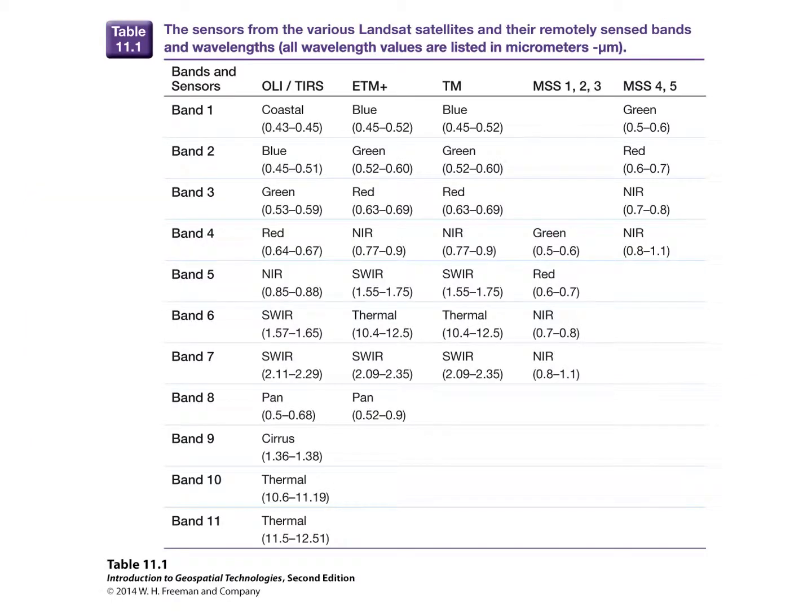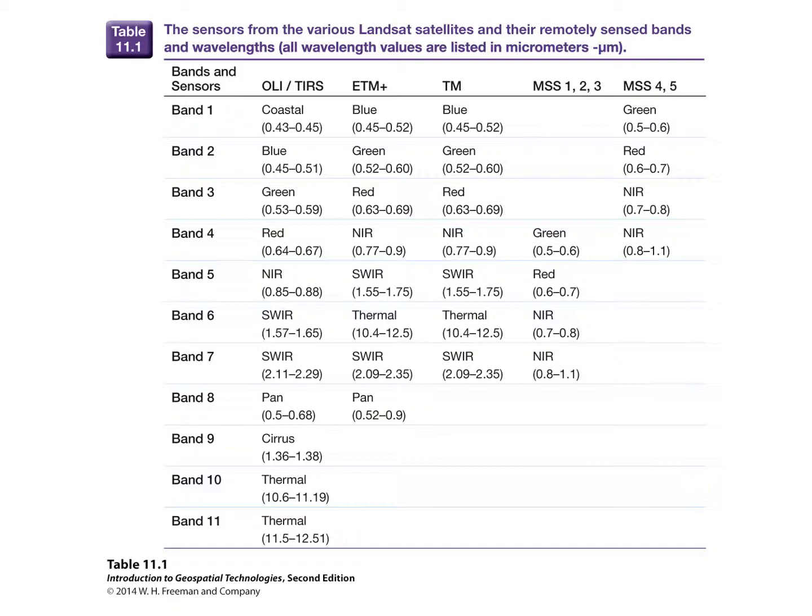Now, within each of these satellites, there's a lot of information to be had, and this information comes from the different sensors that are on board. And if you remember a little bit, we talked about how in remote sensing, we look at these different bands of electromagnetic energy, and here are some of the different bands that some of these satellites collect.